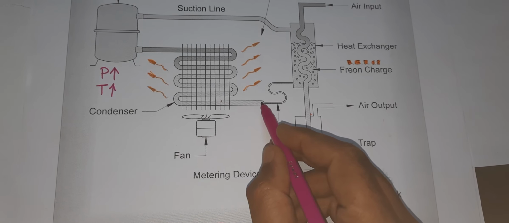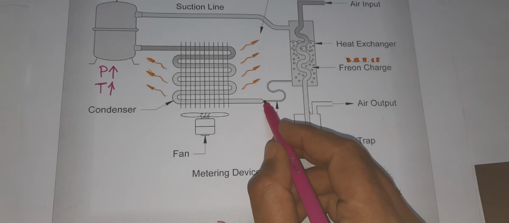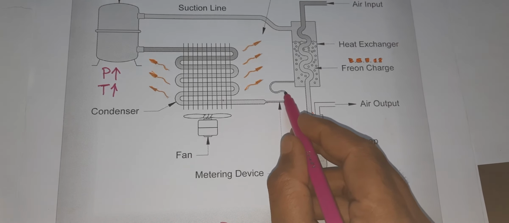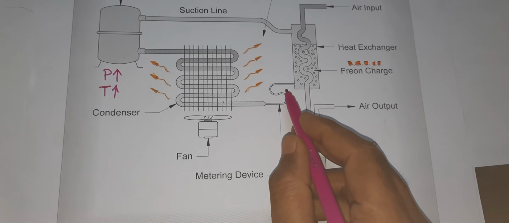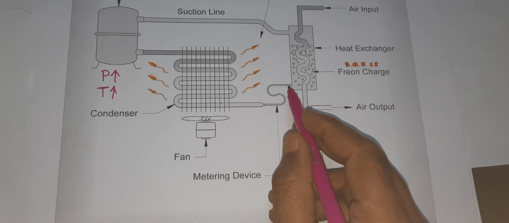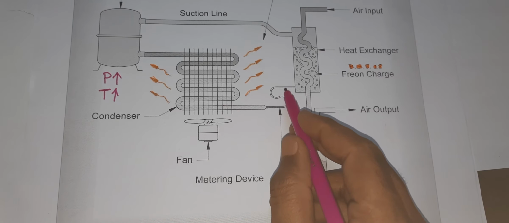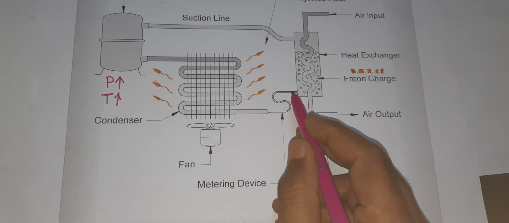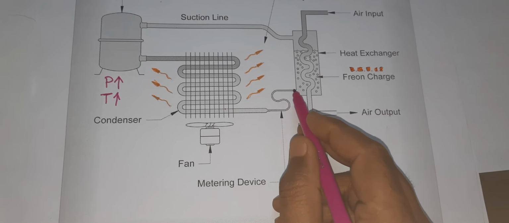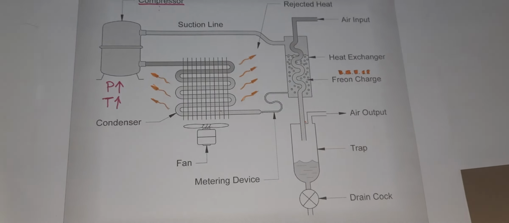The cool gas passes through the narrow capillary tube, where the pressure of the gas is still further reduced and the temperature subsequently reduces. This cool refrigerant will pass to the evaporator.